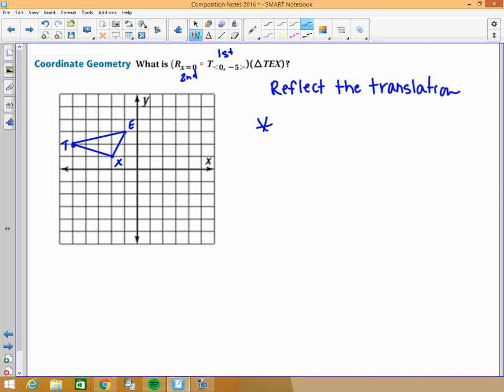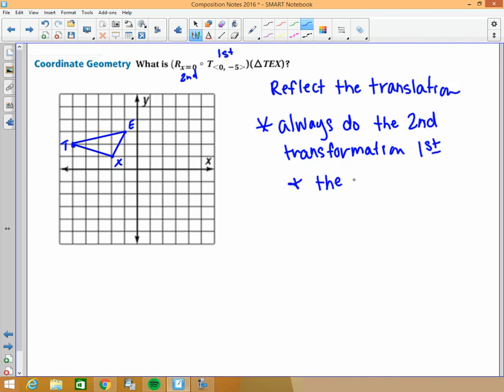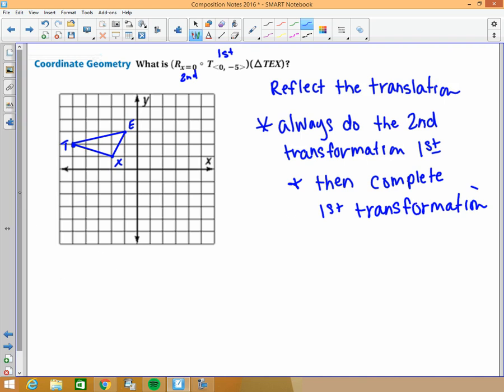So with our compositions, we always do the second transformation first, and then we do the next one, and then complete the first transformation. Okay, so we're going to start with this one.